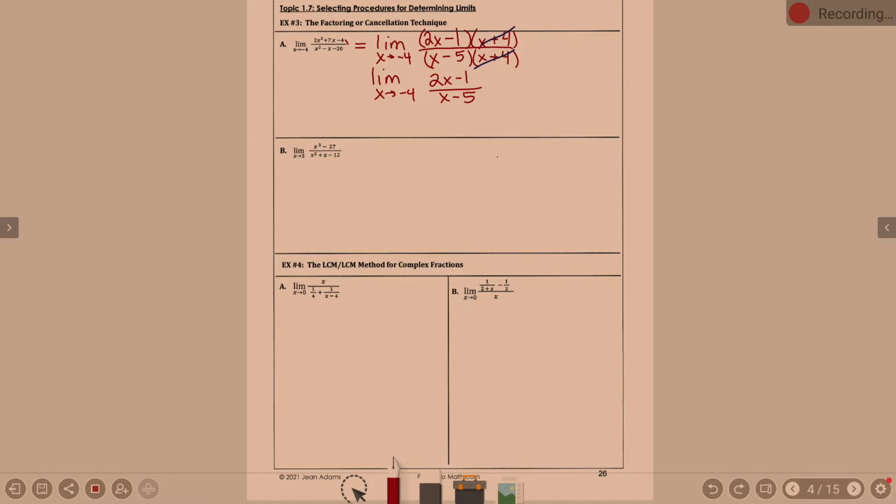If we're going to plug the negative 4 in, as long as it's not going to give me 0 over 0 or infinity over infinity or 0 in the denominator, we should be okay. So I'm going to say 2 times negative 4 minus 1 over negative 4 minus 5. And that agrees with my answer key.